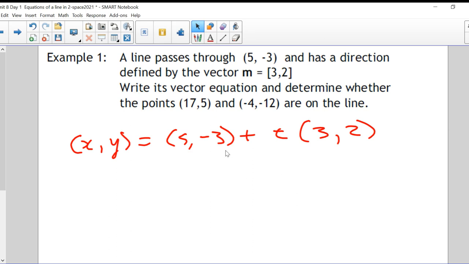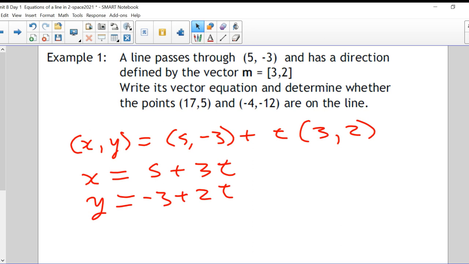So write the vector equation, which we've just done, and determine whether the points (17, 5) and (4, -12) are on the line. Okay, so I want you to understand that every x on this line would be 5 plus 3t, and every y on this line is going to be equal to -3 plus 2t.